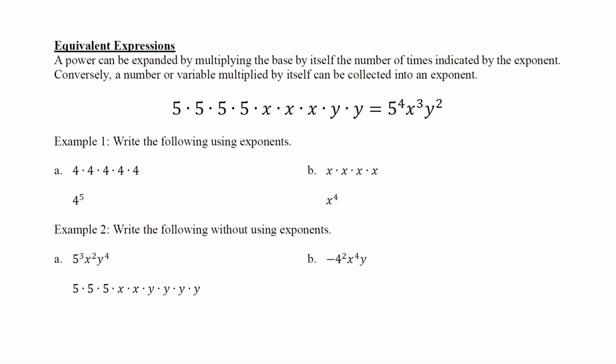The square is only acting on the 4, not the negative 4, because we do not have parentheses around all of negative 4. If we had parentheses around it and then it was taken to the second power, then we would have negative 4 times negative 4. But in this case, we'll have negative 4 times 4, and then we multiply x on itself 4 times, and then multiply y on the end.